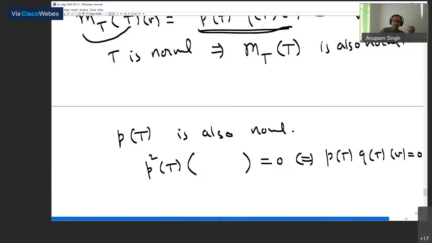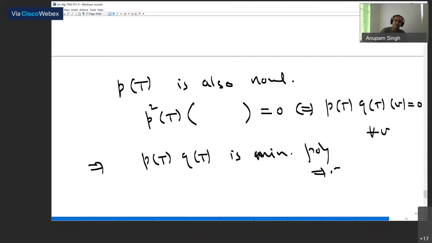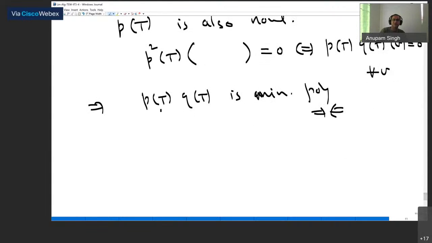Then the kernel of P^2(T) is the same as the kernel of P(T), right? And this happens for all v. This implies that P(T) Q(T) is the minimal polynomial, which is a contradiction, because I assumed that the minimal polynomial is P^2(T) times Q(T). So that means no higher power can appear in the minimal polynomial. This proves that fact. All right.